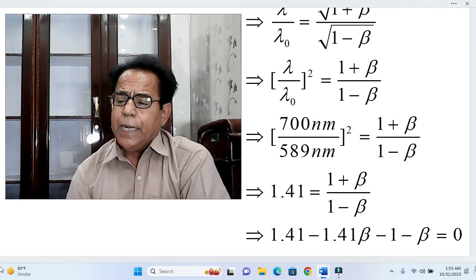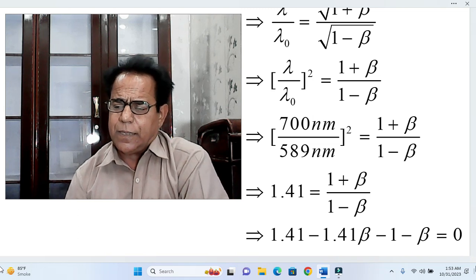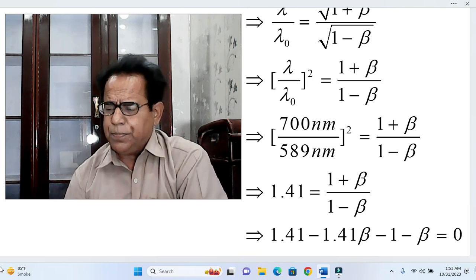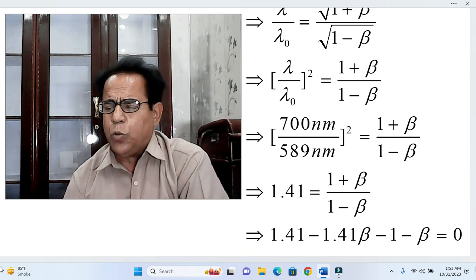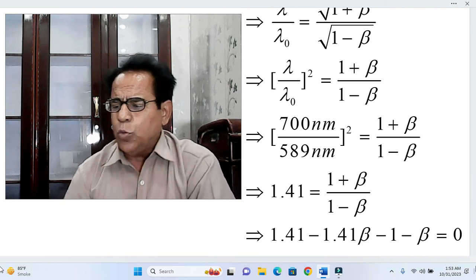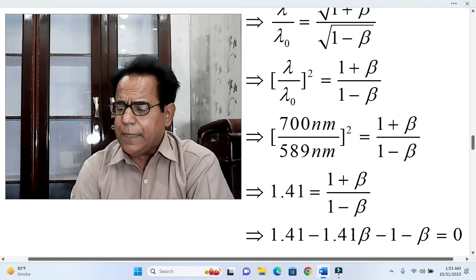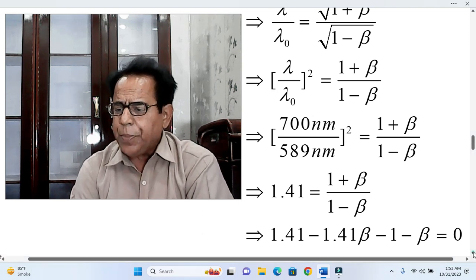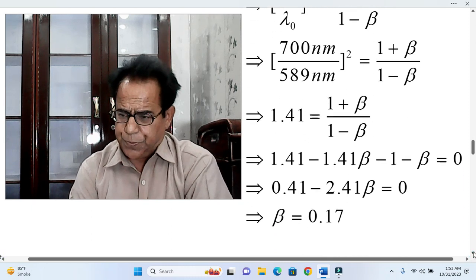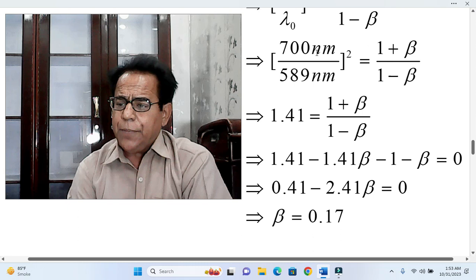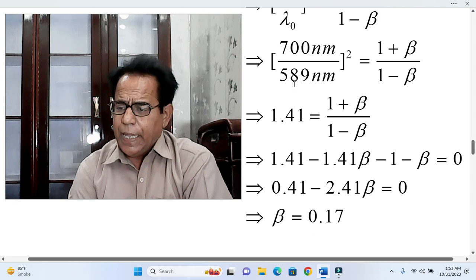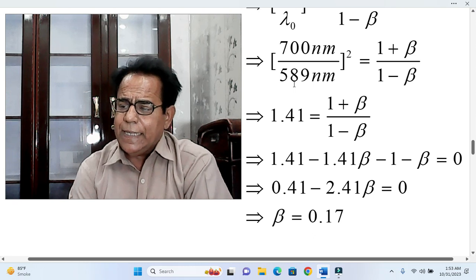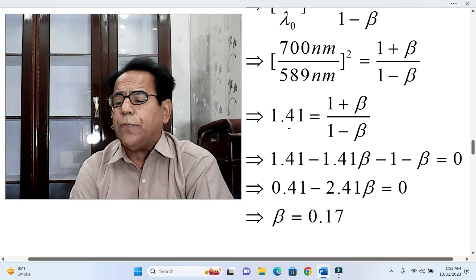So we are taking the last boundary value, that is 700 nanometer. Hence now we have put these two values in place of lambda and lambda naught, and here 700 divided by 589, and then its square will be equal to 1.41.